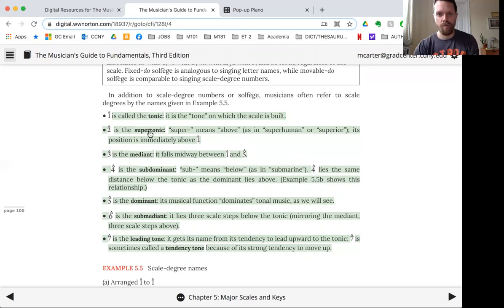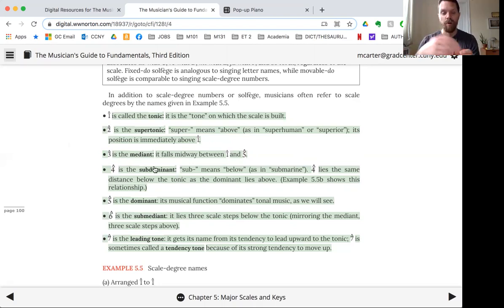Supertonic is 2. Super means above, so 2 is above 1. Super is above the tonic. Supertonic, above tonic. Mediant is the 3. Again, subdominant is below the dominant.